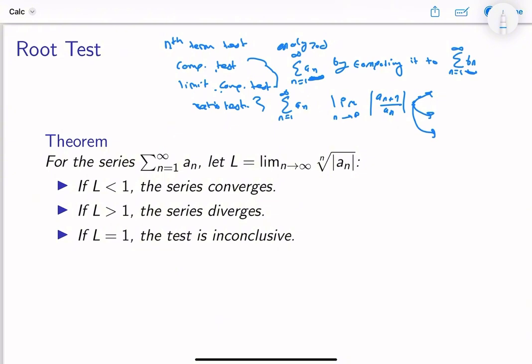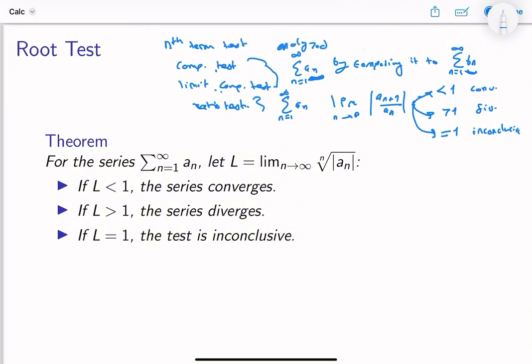The first one was that if the limit is less than 1, then we have convergence. If the limit is bigger than 1, we have divergence, while if the limit is equal to 1, it was inconclusive. So this is what we had last time.